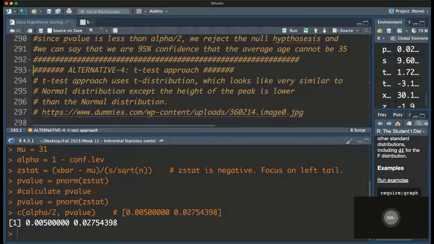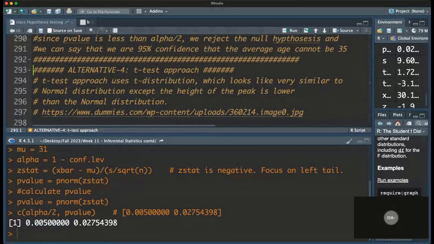When you look at the normal distribution and you compare it to the t-distribution, they are not necessarily different, except that the normal distribution has a higher peak in the middle, while the t-distribution is flatter. That's just because there are fewer data sets. The data set is smaller.